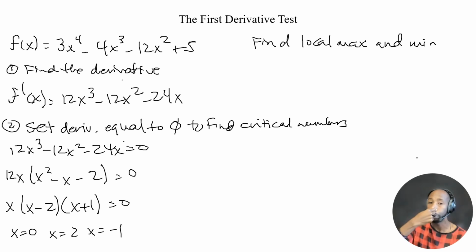Now, remember, since we're trying to use the first derivative test to see where we have local maximums and minimums, what we want to do is look on either side of the critical numbers to see if it's positive or negative, and that helps us to see. So I'm going to make a little chart here.